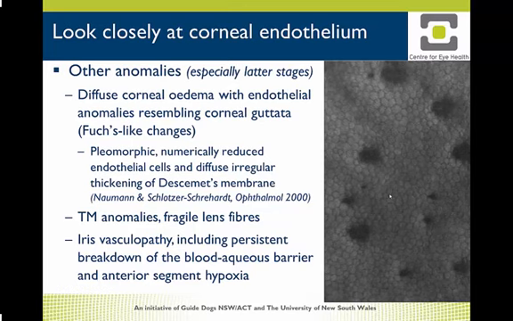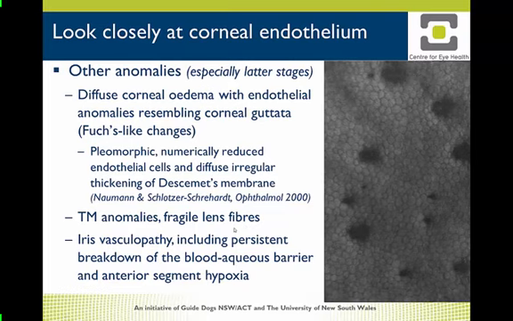that's something to consider. If you see this, the sequelae is that endothelial dysfunction is possible, and other anomalies include the trabecular meshwork anomalies and the fragile lens fibers. So think about when to refer this patient for cataract surgery, because what you don't want is when the cataract surgeon touches the lens, it falls into the vitreous because of the fragile lens fibers.